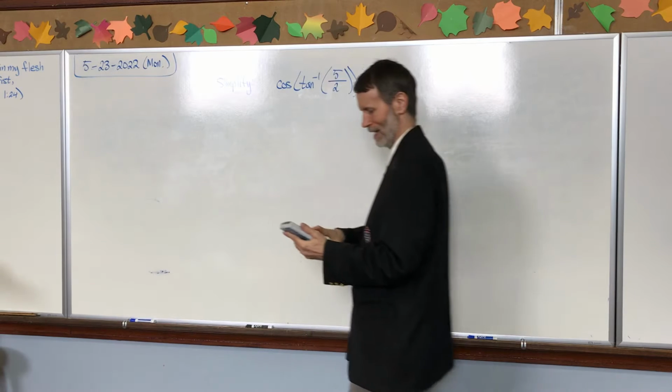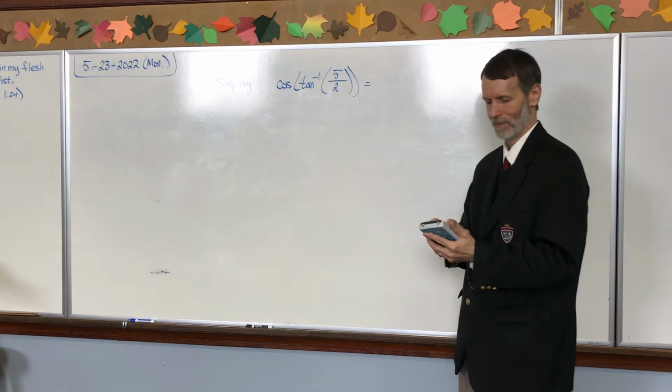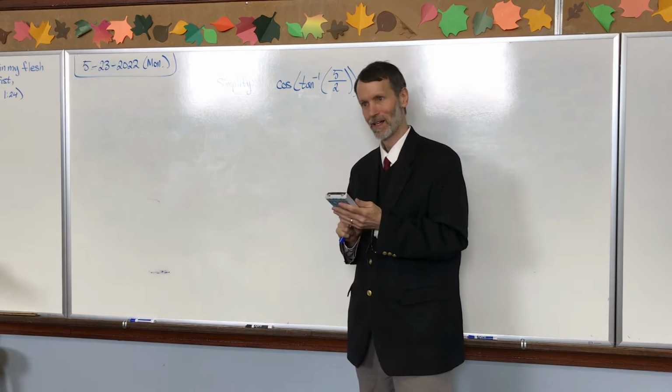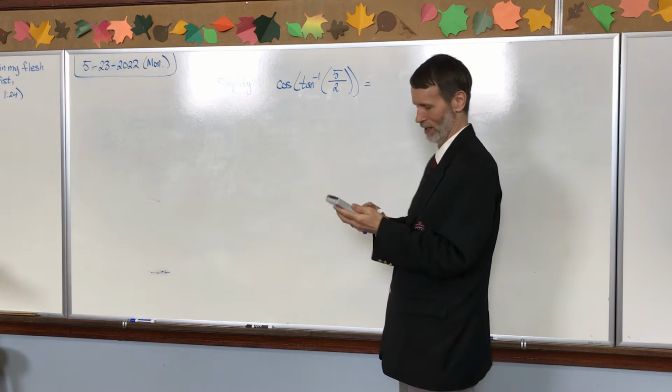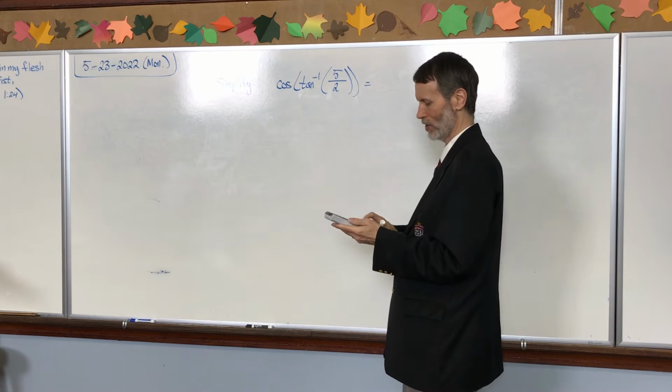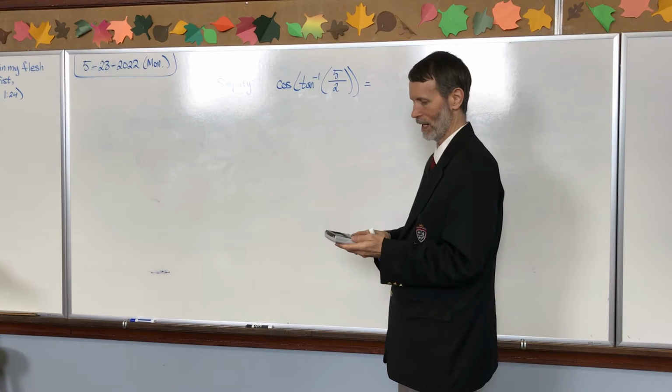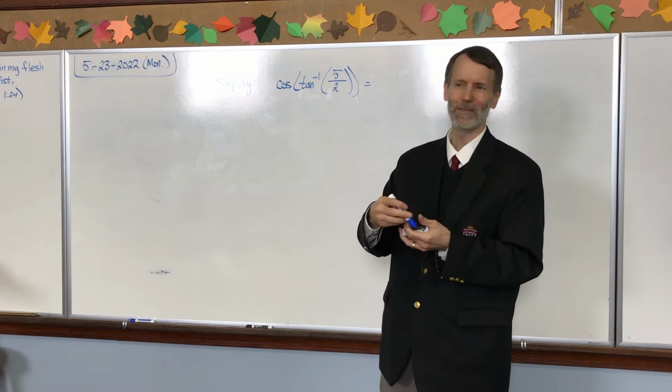What'd you get? Everybody in radian mode? It shouldn't really matter, but go ahead. 0.371, roughly. Cosine of inverse tangent of 5/2. We got 0.37139, and so on.